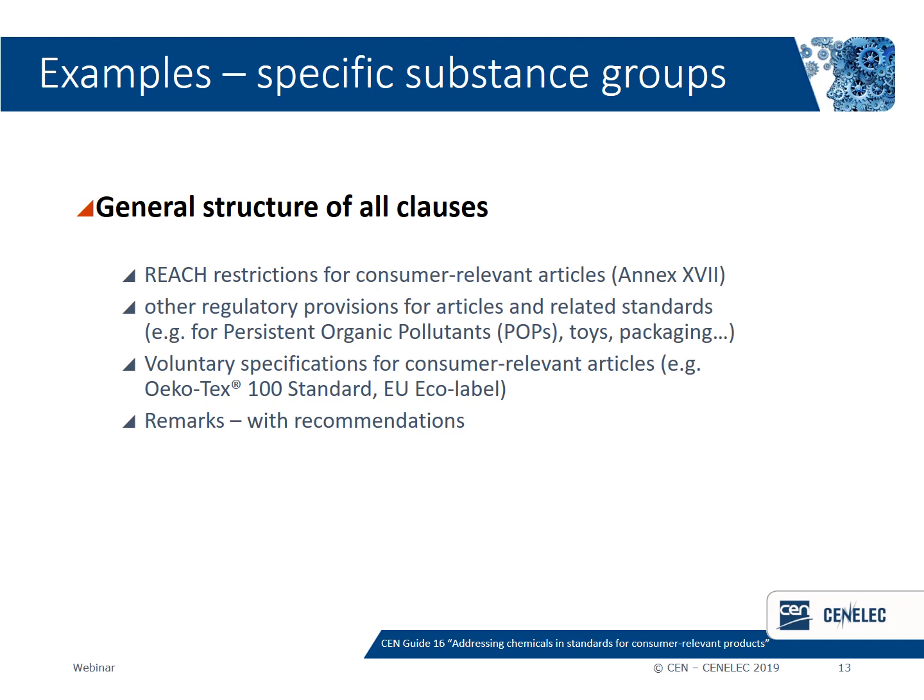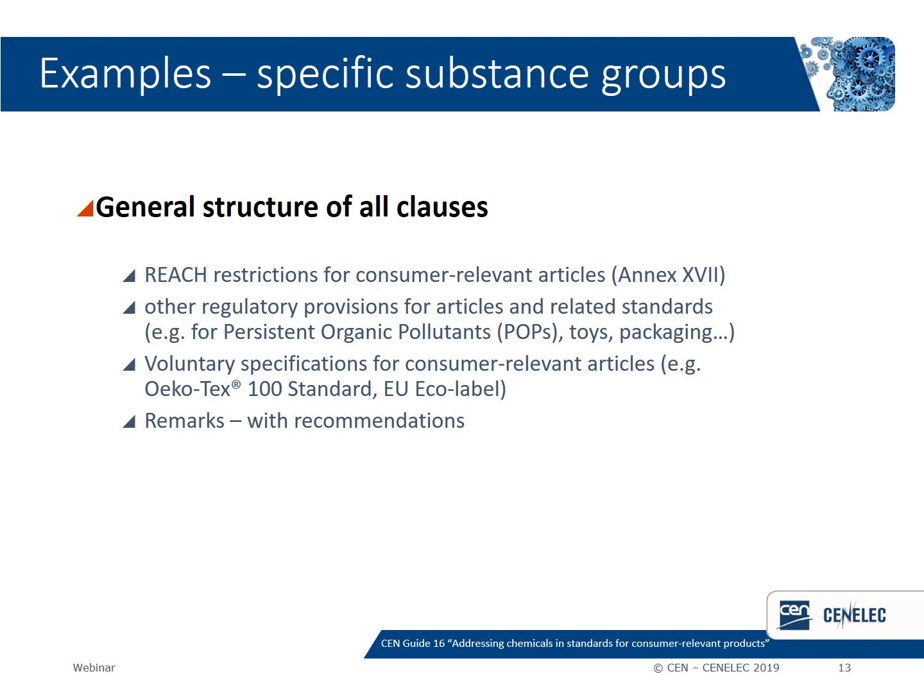Now let's move on to specific substances, to recommendations for substances which are often included in substance groups. These clauses follow a general structure. In the first part, REACH restrictions for consumer-relevant articles are dealt with. These are substances which are included in Annex 17 of REACH.